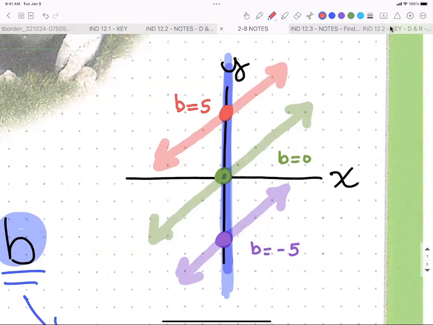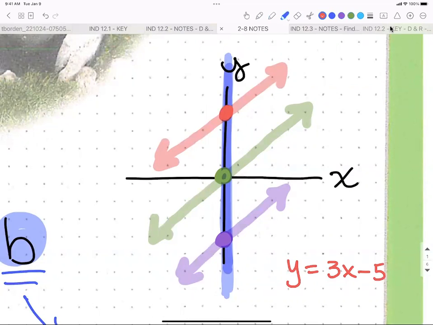If I did not give you the b equals -5, the b equals 0, and the b equals +5, and I just wrote an equation and said y equals 3x minus 5, and asked which colored line this could possibly go to, the way you would identify it is you would look at the b, which is -5, and pick the graph that crosses the y-axis down at the -5.